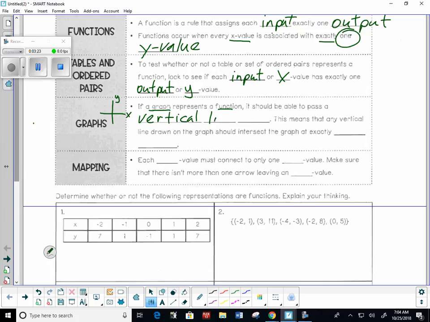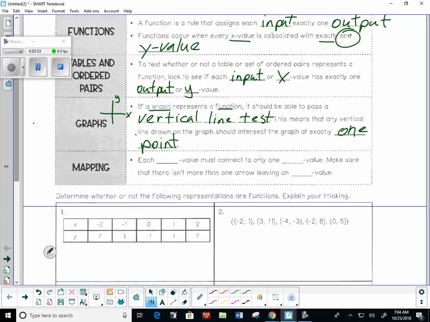That's basically what I wrote up here at the top, but we'll look at it a little bit further on in the notes. This means that any vertical line drawn on the graph should intersect the graph at exactly one point. One point only. This is the best test, and it's the easiest one too.